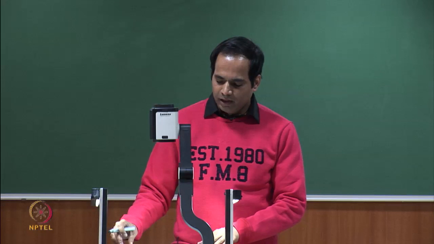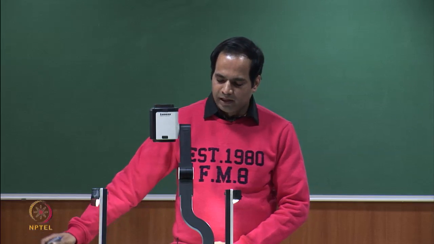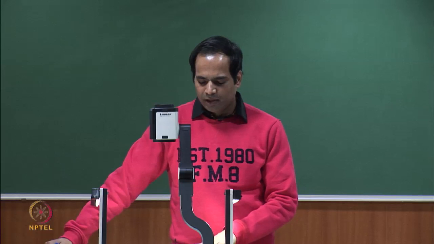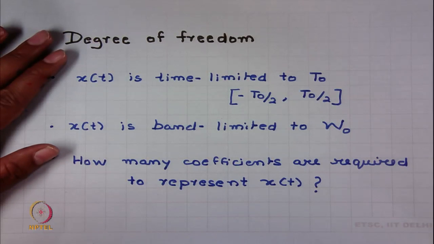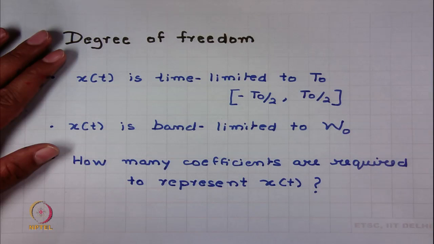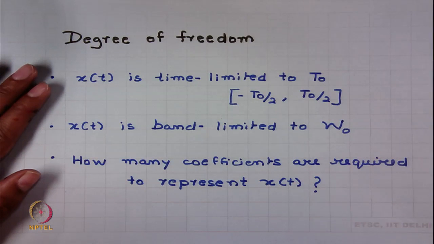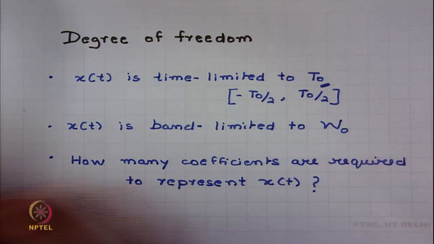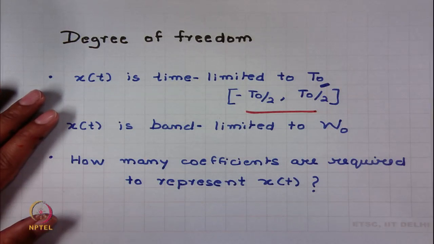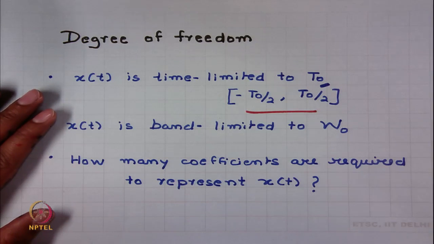Let us look into the next concept, and it is a very interesting concept, particularly for engineers. A lot of rules of thumb are derived using this idea of degree of freedom. So, if I assume that x(t) is a time limited signal, limited to duration t naught, for example, I can assume that it spans from minus t naught by 2 to plus t naught by 2.